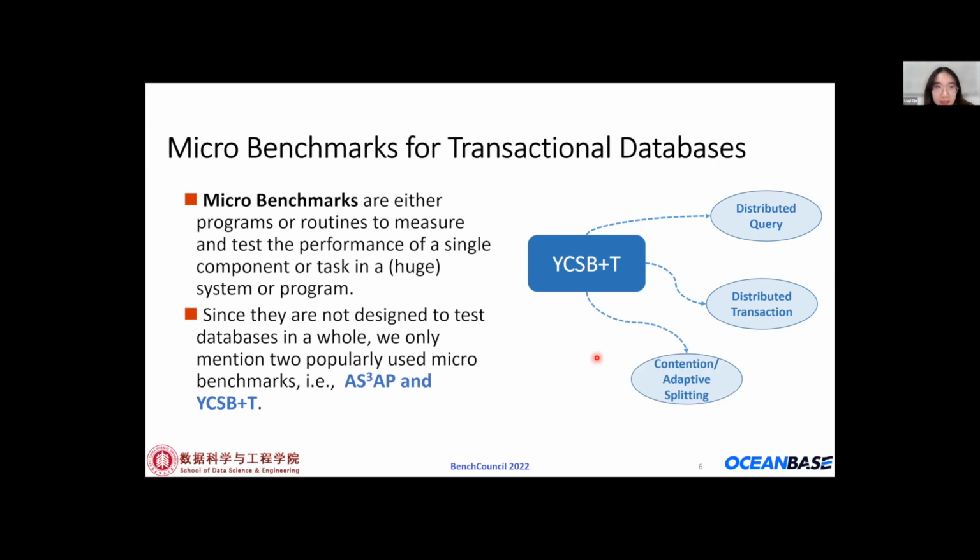YCSB+T sets the data access distribution by Zipfian distribution, which may create contention and adaptive splitting. Besides, with a closed economic scenario, YCSB+T determines whether the consistency constraint is satisfied by counting the total amounts of all accounts before and after business execution.